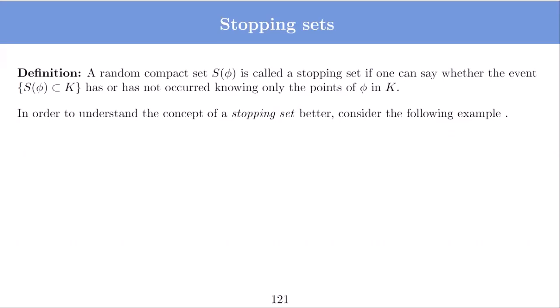So for every realization, I should be able to tell whether the random compact set S(phi) is inside K or not, just by knowing the points of phi in K, and this is true for any K. So I don't need to know the points outside K to tell whether this compact set lies inside K or not.